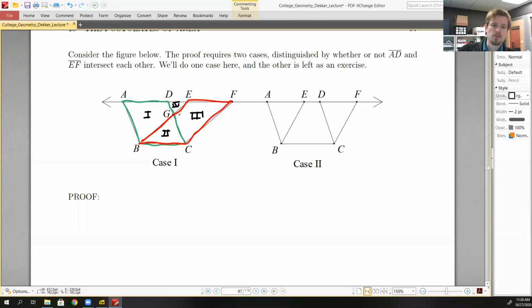And what we can do is we can consider the fact that the triangle ABE is congruent to the triangle DCF, right? We have AB is congruent to DC because of the parallelogram. So the opposite sides are congruent.